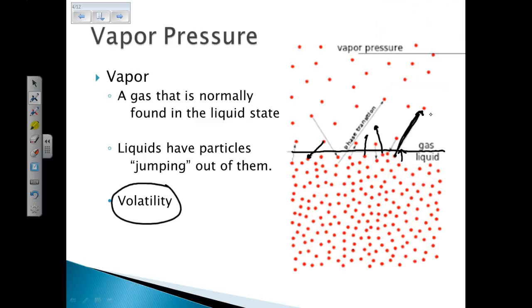Another thing that is kind of interesting is that smells are a direct cause of vapor pressure, of things jumping into the gas state, traveling to somebody's nose, and us smelling them. So the higher the vapor pressure, the more likely it is that we are going to smell something. That's kind of an interesting aside.